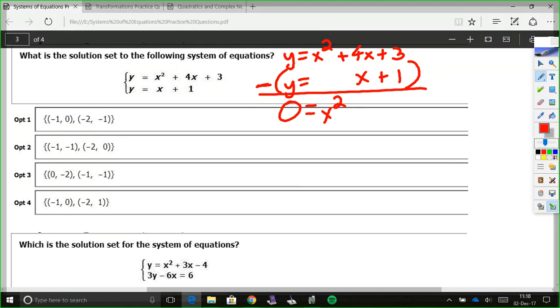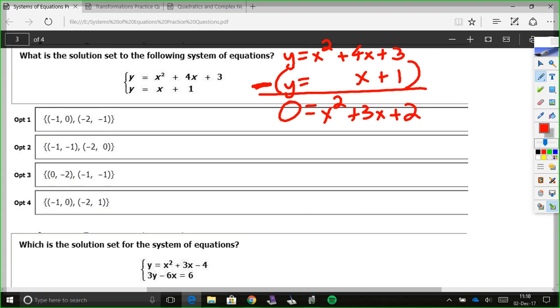Now here, you have to be careful because we are subtracting. So remember that you're subtracting. That's 4x minus x, which is going to be 3x. Right? Because 4 minus 1 would be 3. And the same thing on the last one. It's 3 minus 1. You have to remember you're subtracting everything here. 3 minus 1 is 2. So that's our equation.